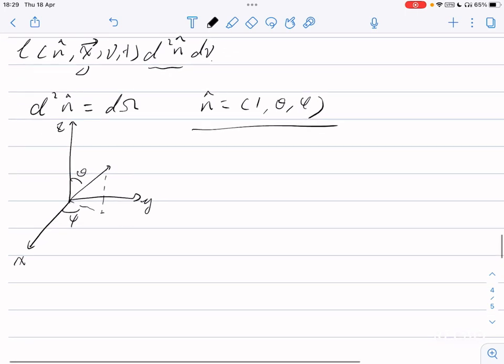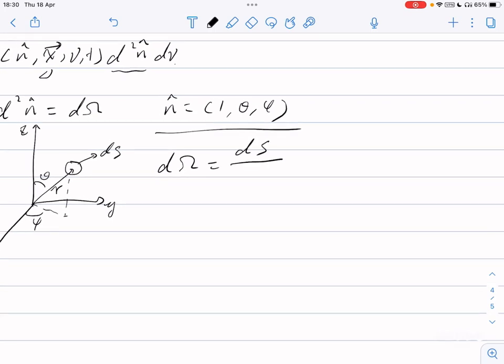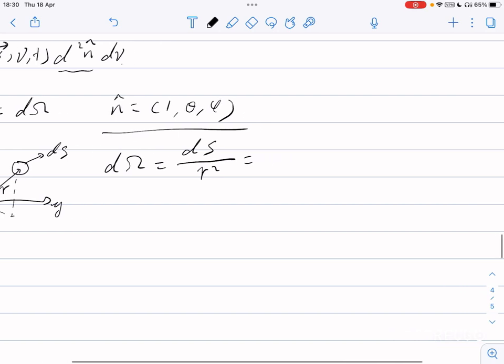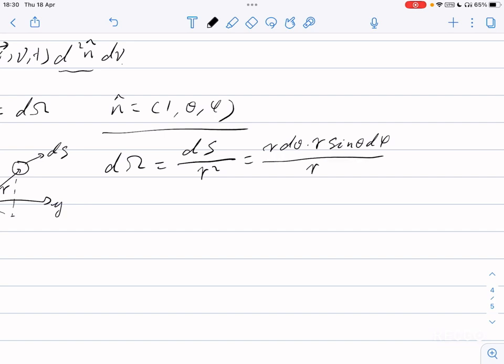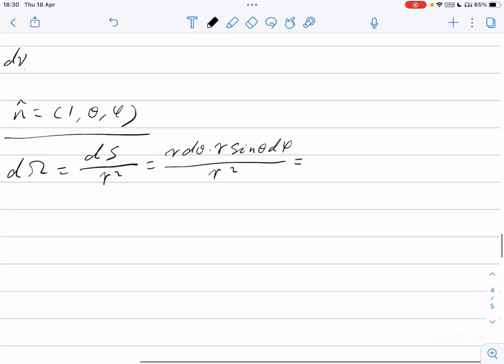We can use the definition of the solid angle to derive its differential, dΩ. Obviously, it equals dS over r squared. And according to what we have learned in calculus about spherical coordinates, dS is just r dθ times r sin θ dφ. So we obtain that the differential of the solid angle is just sin θ dθ dφ.